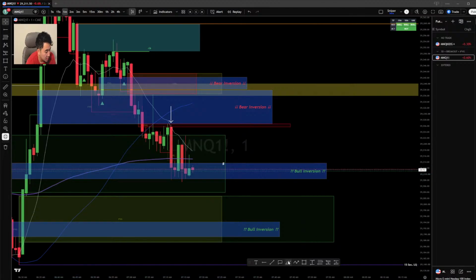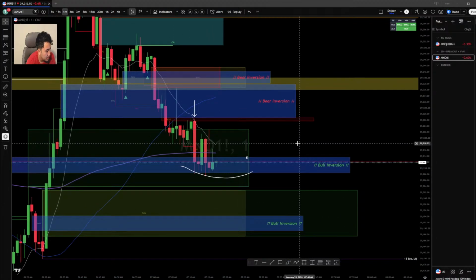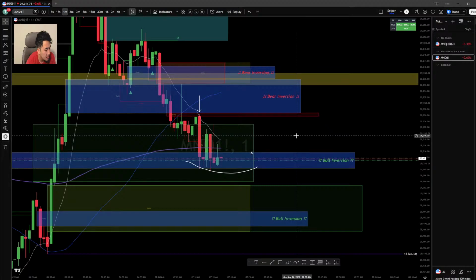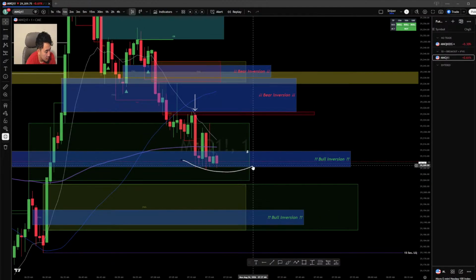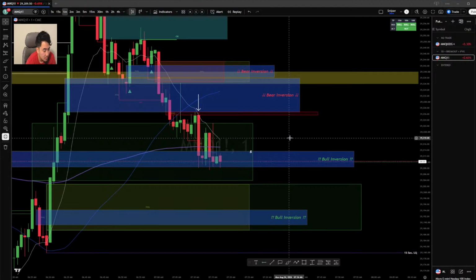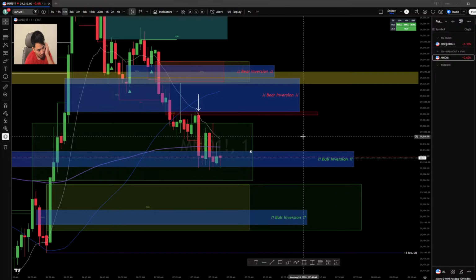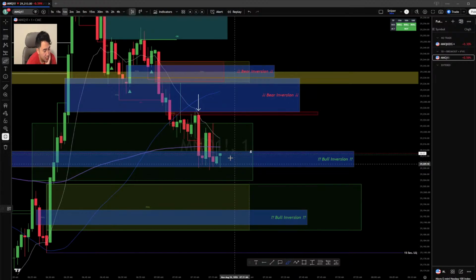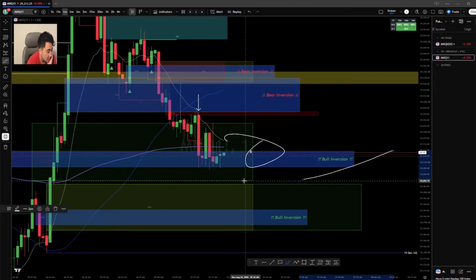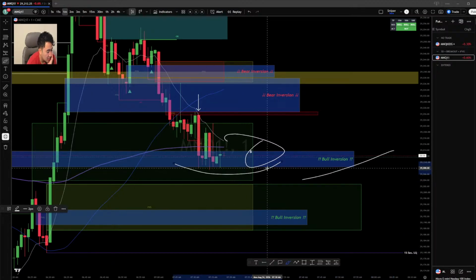This bullish inversion zone is still keeping price up here. That's why I like moving my stop loss there when you're in a 5-minute gap or hit a 5-minute gap, or when you're in an inversion zone, just because in those areas price can reverse off of those areas, or it could just do what it's doing right now and just stall.